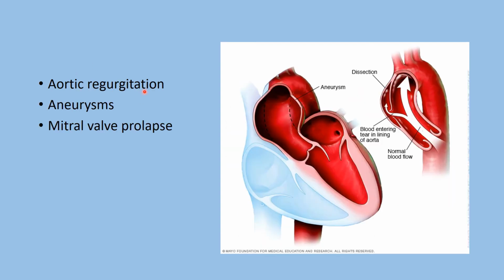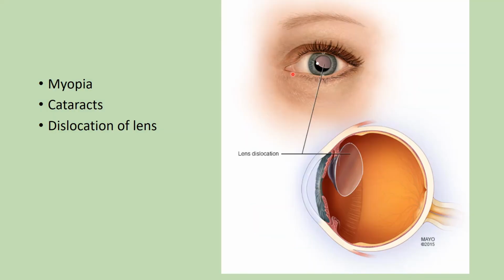Coming to ocular features, the patient might have myopia or cataract. Very often seen is dislocation of the lens, as shown in the picture. Retinal detachment and retinal tear are also very often seen in Marfan syndrome patients.